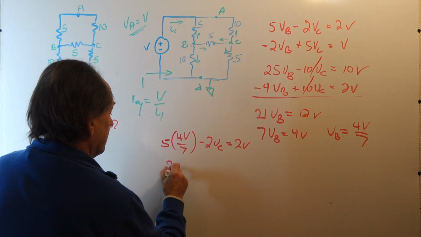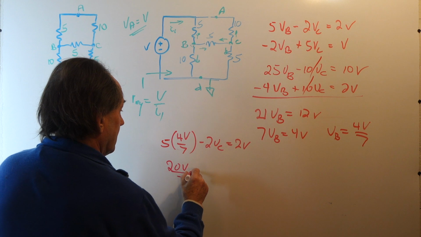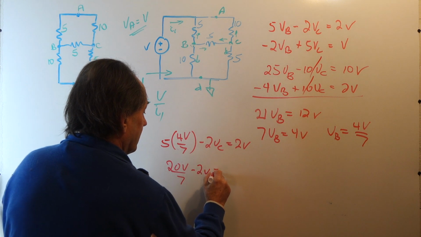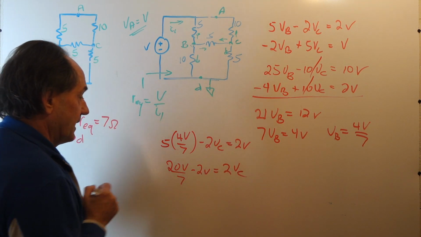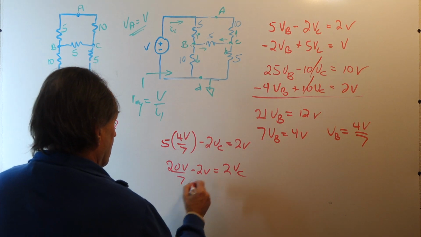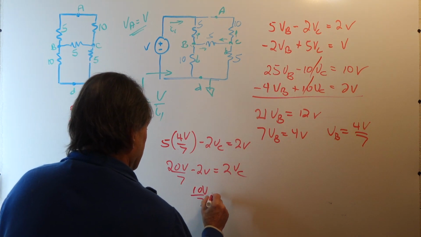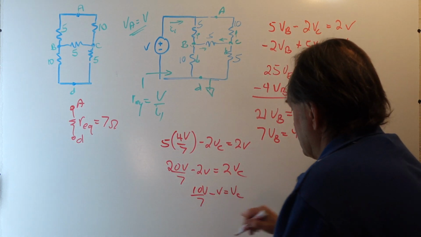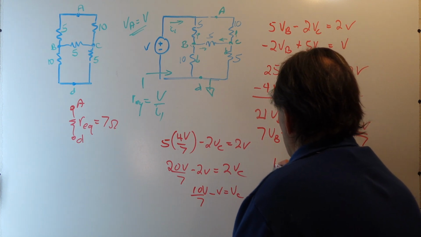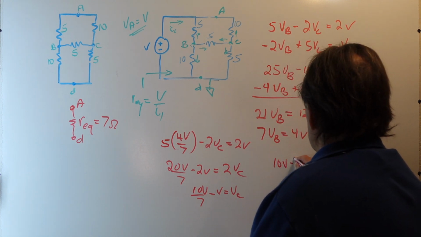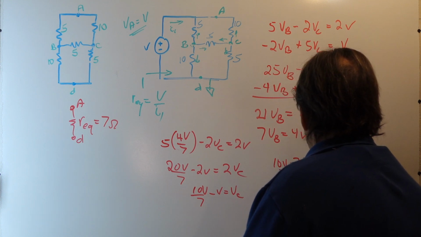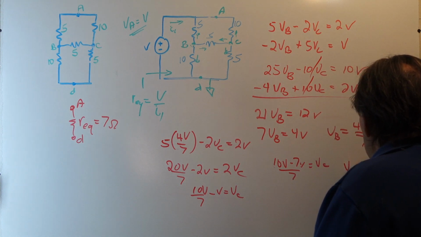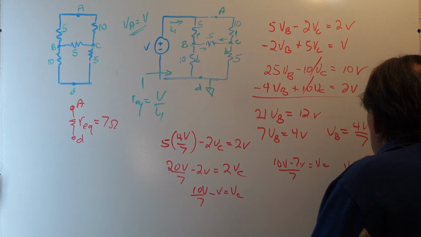This is 20V over 7. Let's bring the minus 2V over, and that's equal to 2 VC. Dividing through by 2, we get 10V over 7 minus V is equal to VC. Putting it over the common denominator, we have 10V minus 7V over 7 equals VC. 10V minus 7V is 3V, so VC equals 3V over 7.